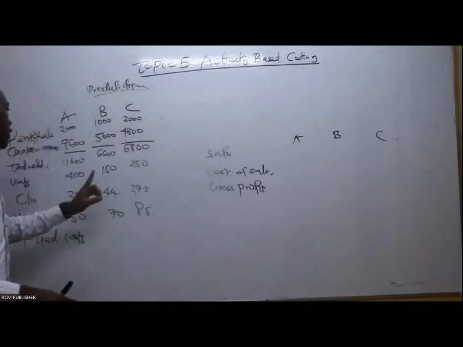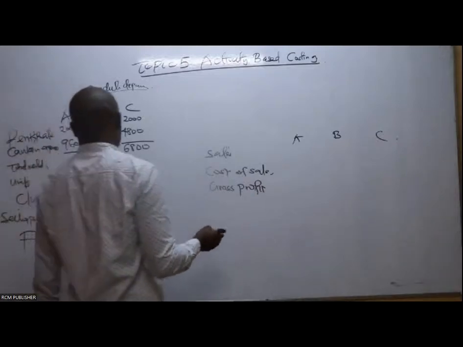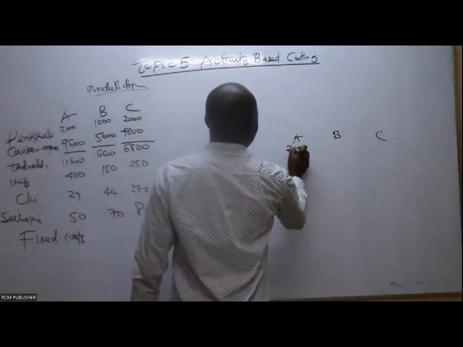Sales will be units multiplied by selling price. 50 by 400 will give us, is it 20,000?